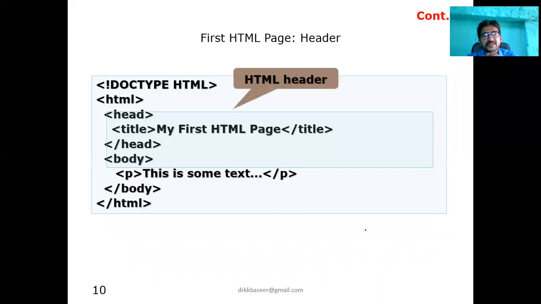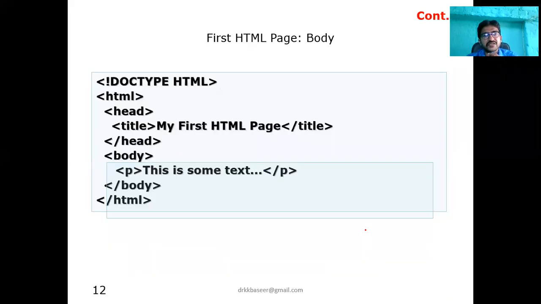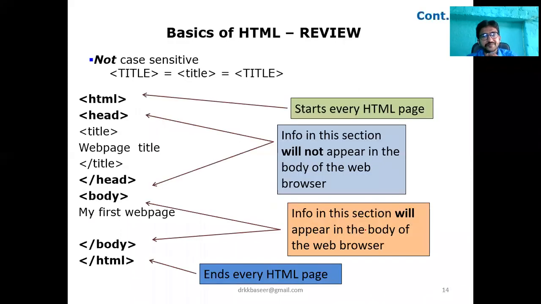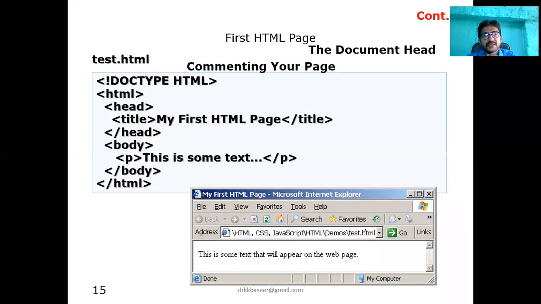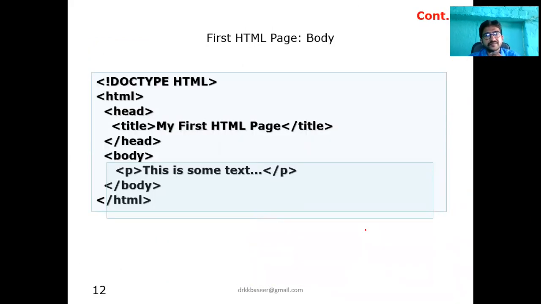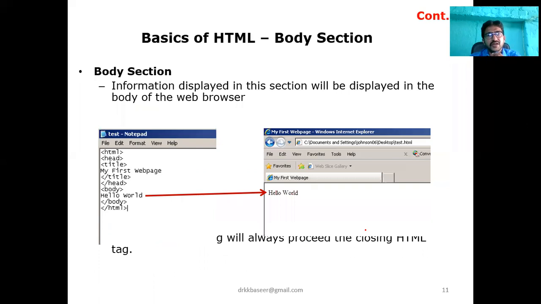You can add the title as well. These are all examples we already saw in the first chapter, that's why I'm just moving forward. You save an HTML file with the .html extension. This shows the starting and ending tags, head tag, title, body, and other such things. So this is just the introduction to HTML5.